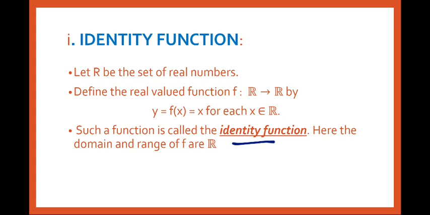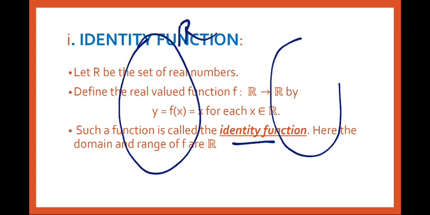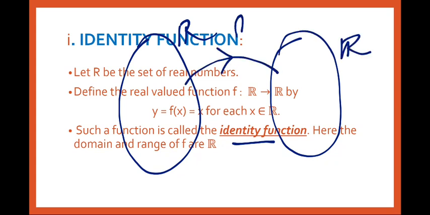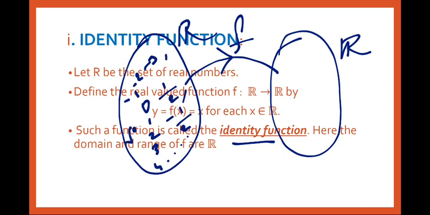Suppose this is the real number set, this one is also a real number set, and f is the function from R to R. This real number set contains 0, 1, 2, 3, 4 and so on, minus 1, minus 2, minus 3, then half, minus half, root 2, root 3, this kind of number.